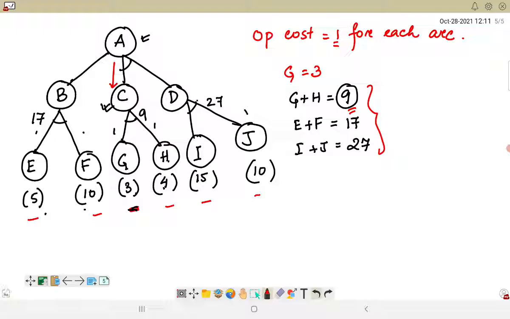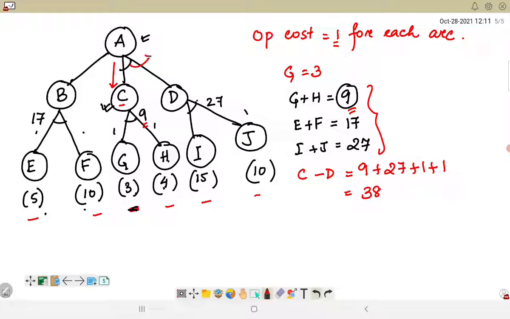However, having simply this solution will not suffice, because C again is a part of the AND arc, which is CD. So if I am considering CD, what is the value I am getting? 9 plus 27 plus 1 plus 1, which is 38.